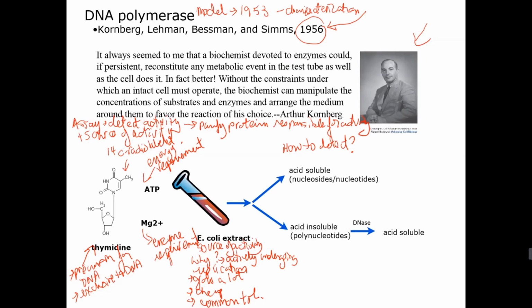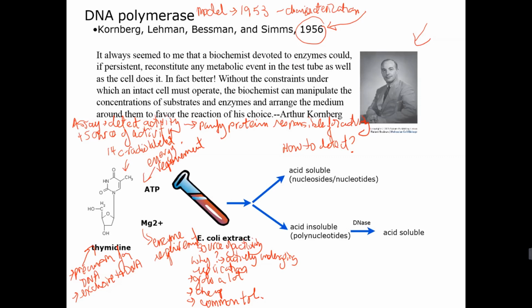And then they need some means of telling whether this thymidine had been incorporated into the polymers of DNA, and what they used was a difference in physical properties between the thymidine and a DNA polymer. The difference they chose to use was based on acid solubility.